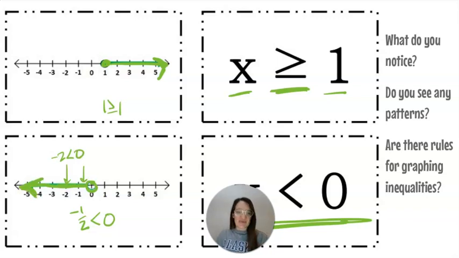Everything: fractions, decimals, that's why we don't just include the integers or the whole numbers, we include everything in between, because -2.5 is a solution. Okay, so you're going to include everything, and you're going to include the arrow because you're going to say everything even continuing on in that direction.